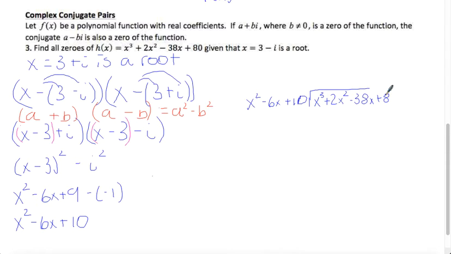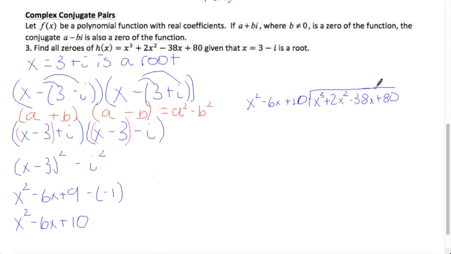So we should get a linear binomial as our answer, and that will tell us what the last factor of this equation is.